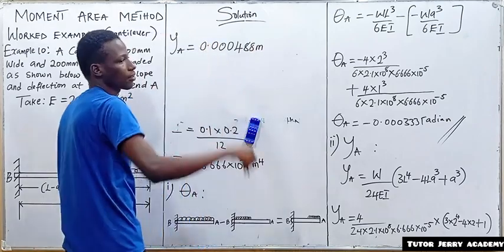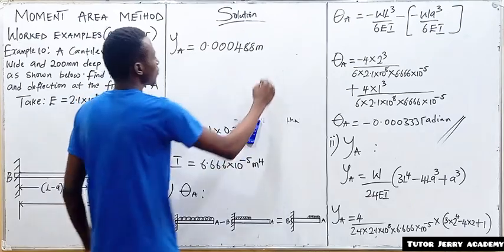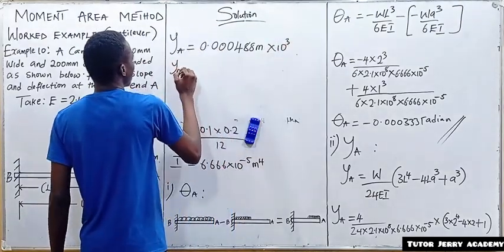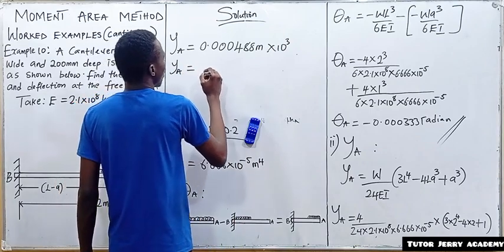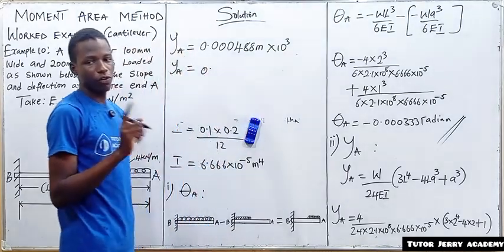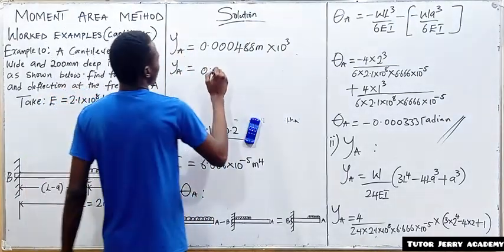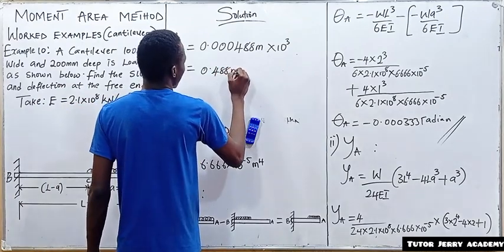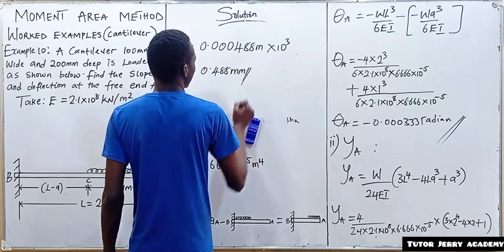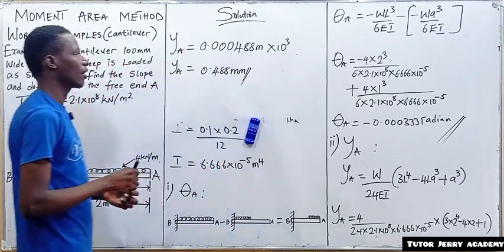Let's convert it to millimeters. If you multiply by 10 to the power of 3, our YA will be 0.488 millimeters. So this is our deflection.